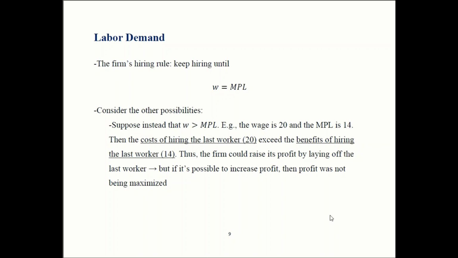Because the MPL is 14, that's telling us our last worker produced 14 units. We assume that price was 1 in this section, so that means that last worker is generating $14 of revenue for us. The costs of that last worker were the wage we paid them, and that wage was 20.